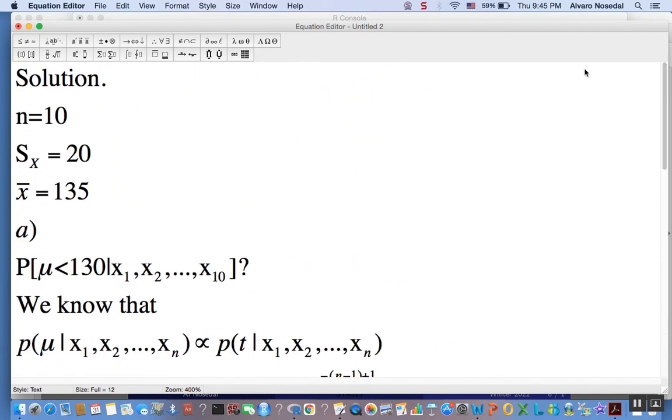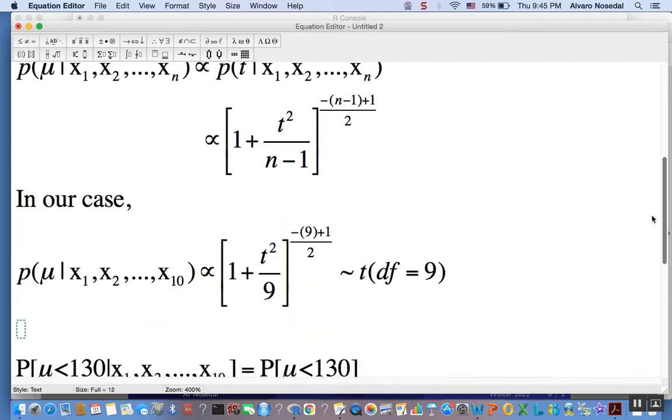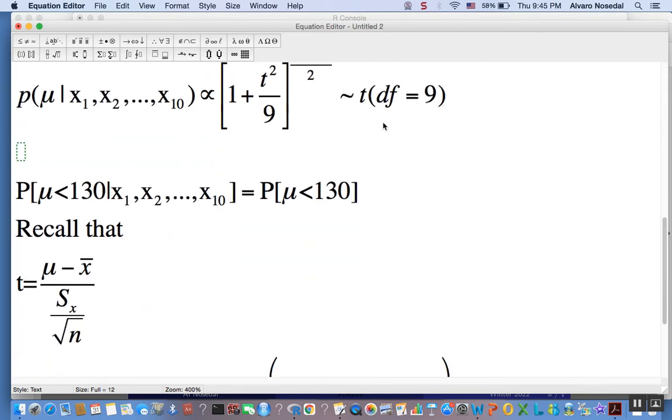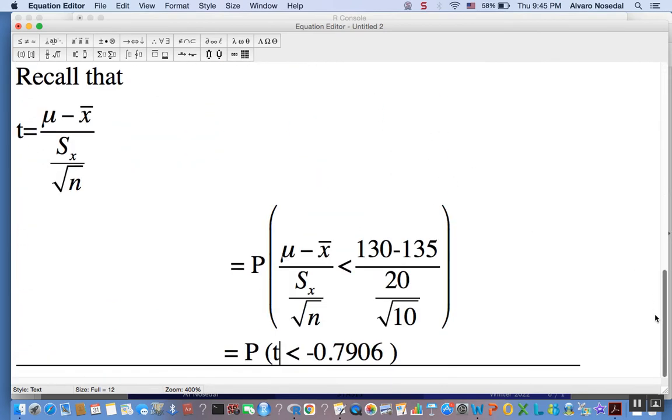Since we have a sample size of 10, this is a t distribution with 9 degrees of freedom. So the probability that mu is less than 130 miles is equivalent to the probability that a t distribution with 9 degrees of freedom is less than negative 0.79, roughly.